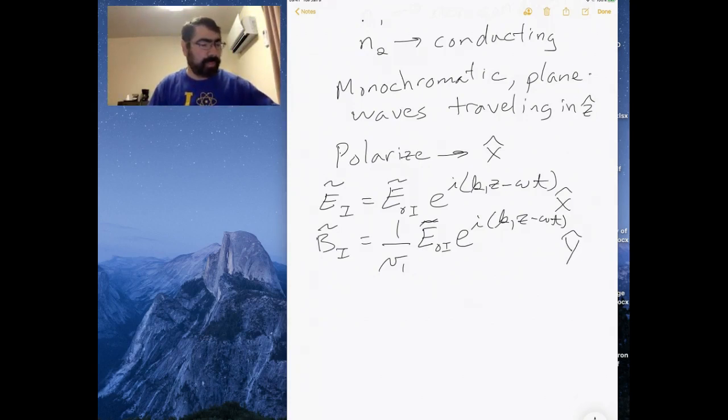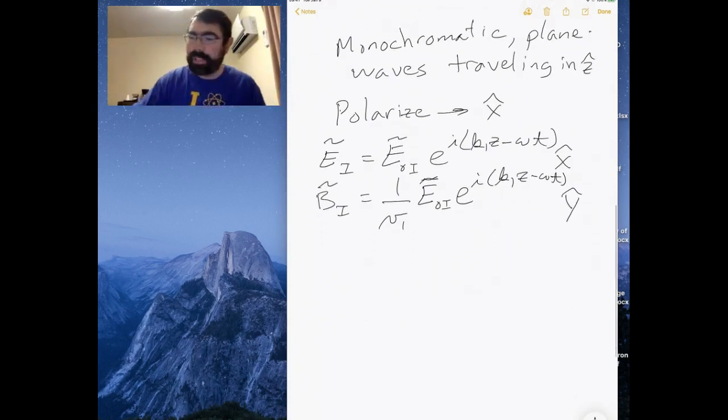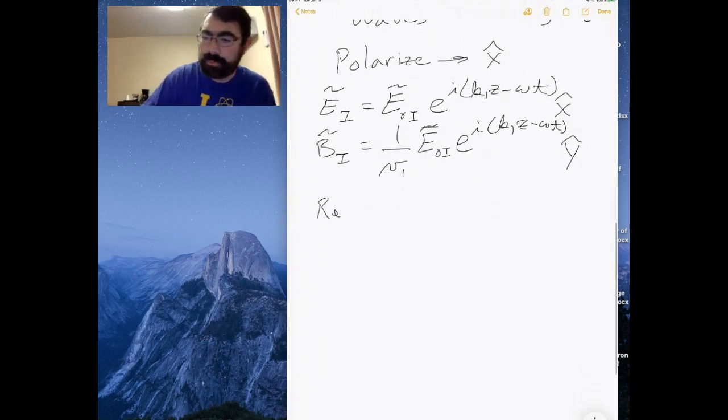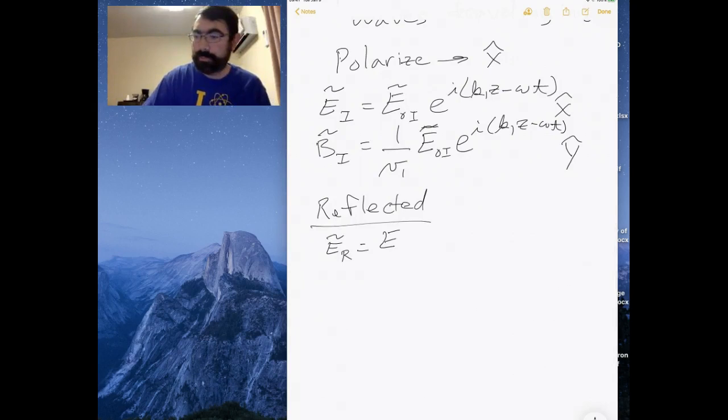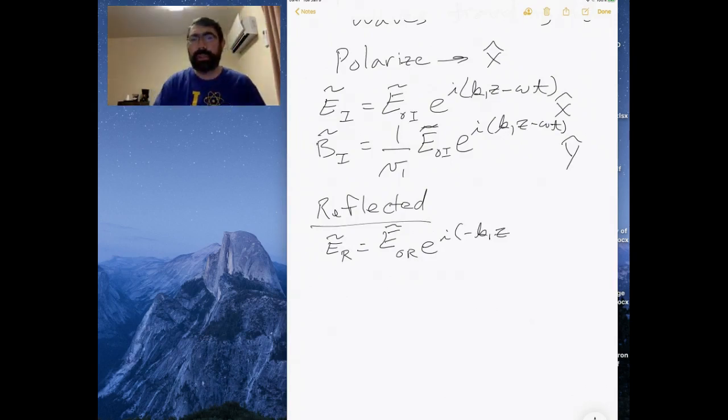The reflected wave is some amplitude e to the i (minus k1 z minus omega t). So we're going to consider z to be just a positive number.